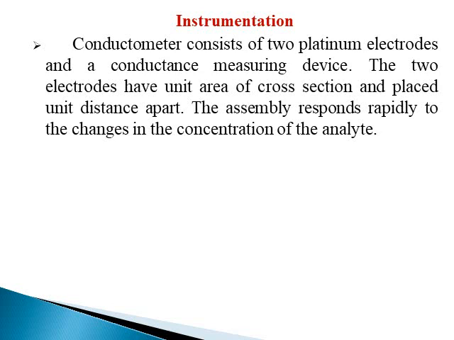If the platinum electrodes, with a unit cross-sectional area of 1 centimeter square and separated by 1 centimeter, are kept in a 1 molar solution, that is the molecular weight of the solute dissolved in the solvent, that conductance is called the molar conductance. Here you are going to measure the specific conductance.